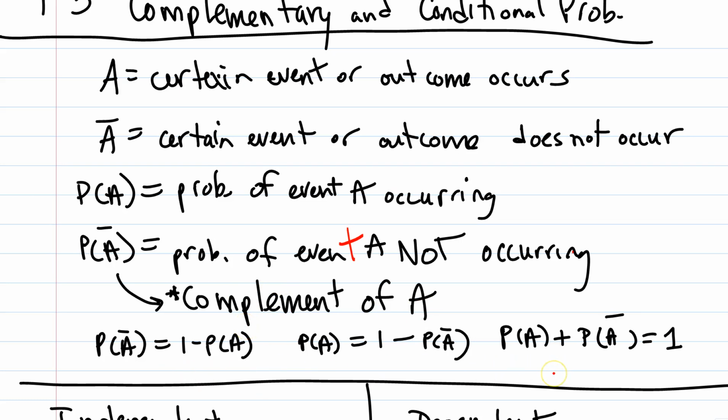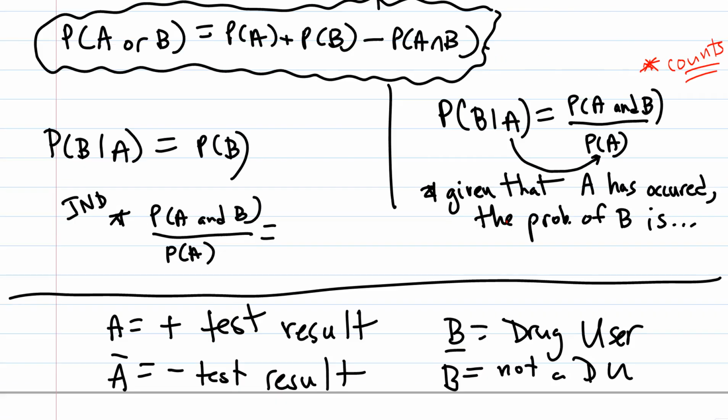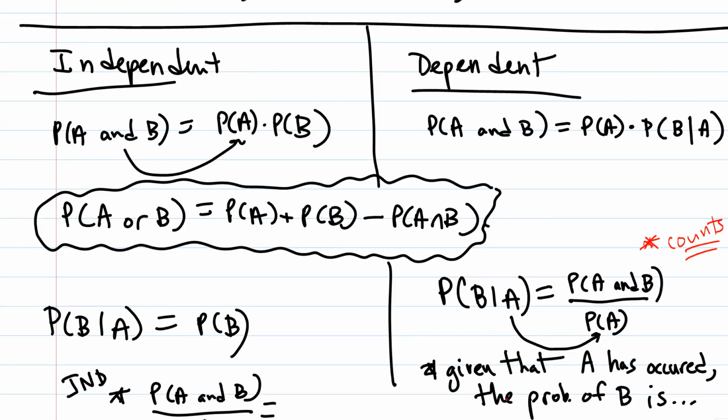Here are some formulas for that. Basically, the probability of A not happening is 1 minus the probability of A happening. It also means the probability of A happening is 1 minus the probability of A not happening. Or if I add those two probabilities, they should add to 1. We also have, with multiple events, dependent and independent probabilities.